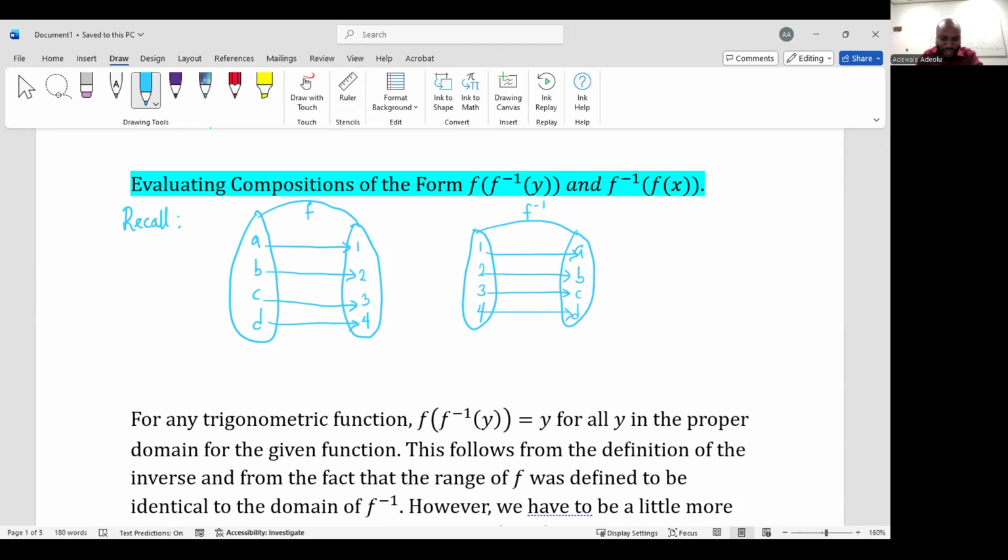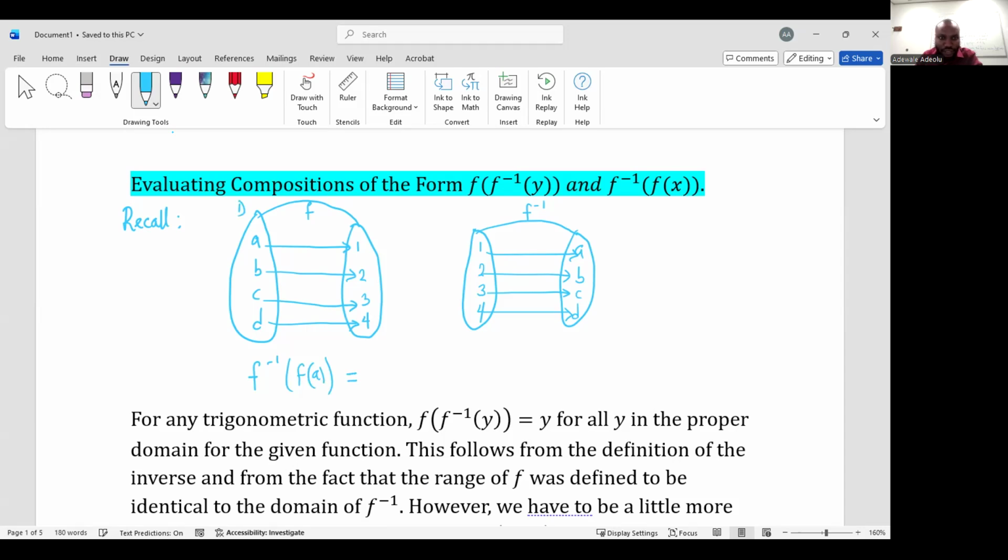Now, look at this. If I ask you to compute something like f composed with f inverse of, let's say, A, that is, I'm asking you what is f inverse of, not A, because of how I define it. Let me say I want to start with f inverse of f of A. Now, the input for f is here.